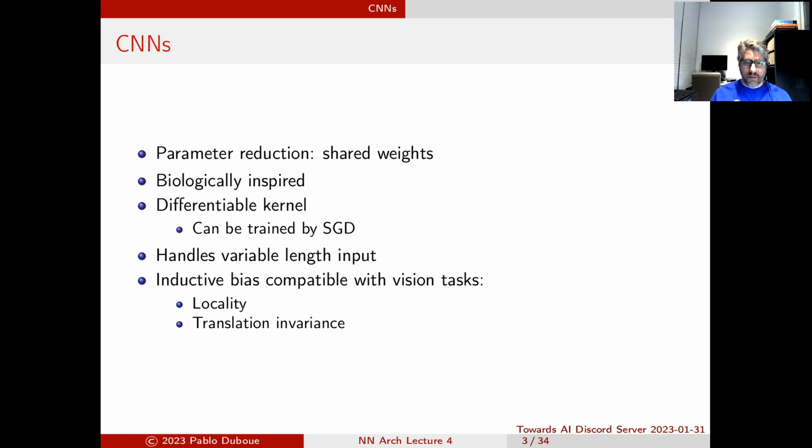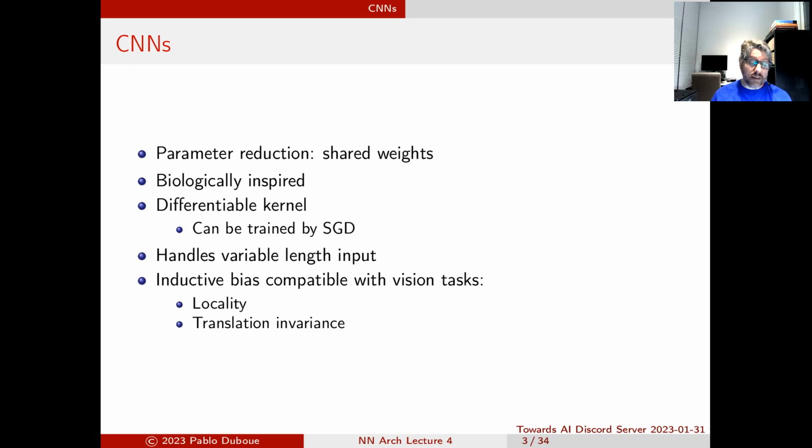This kernel is a small neural net that gets applied to that particular window and produces an output from there. And this kernel can be, and for many years has been, written by hand, or it can be learned using stochastic gradient descent.